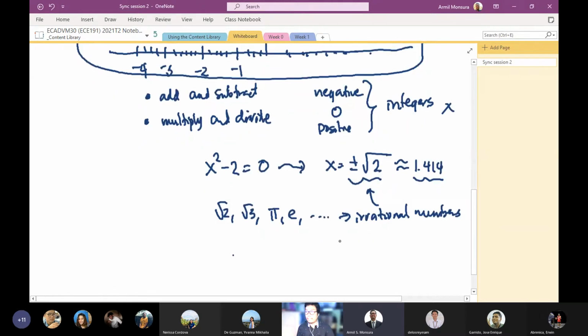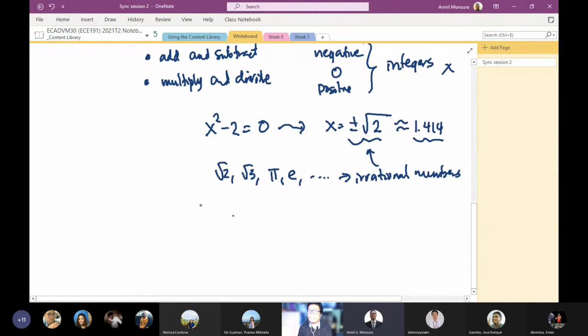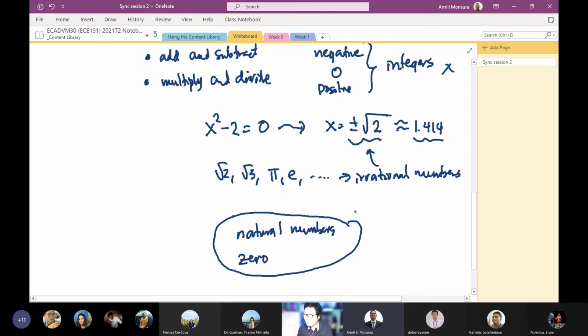So again, let me recall. We started with natural numbers, which then we added 0 to come up with the set of whole numbers.